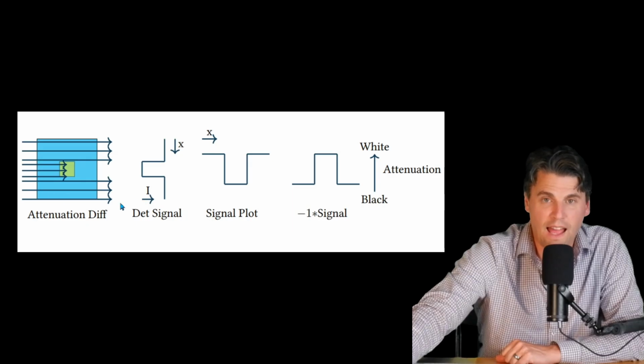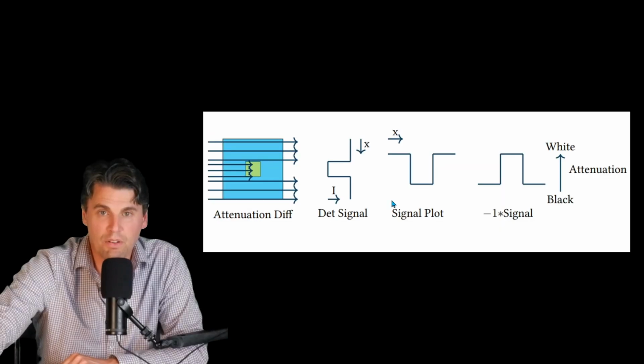This plot I have is in the same direction as my little X-rays coming through. I'm going to take that same plot and turn it sideways here. This is how we usually plot things because that way we can have our spatial dimension, the X dimension, in this direction, and then in this direction we have the intensity.